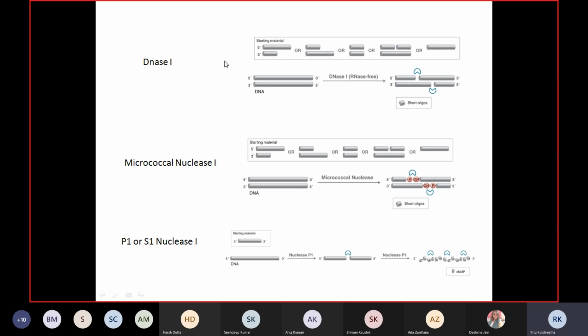And how do they differ from restriction endonucleases? It is the fact that they do not recognize a specific DNA sequence. You know that restriction enzymes recognize a specific sequence and then only cut. But these nucleases that I'm talking about, DNase or MNase, etc., are non-specific in nature.